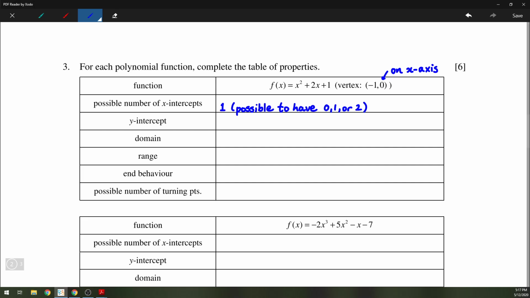The y-intercept is just going to be the constant term, so that's going to be 1. The domain, since this is a polynomial function, is x is an element of all real numbers. This is true for all polynomials.